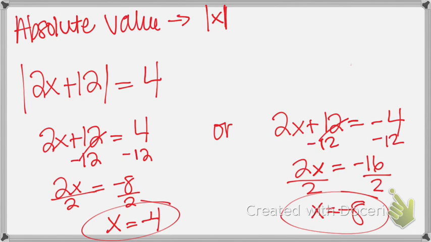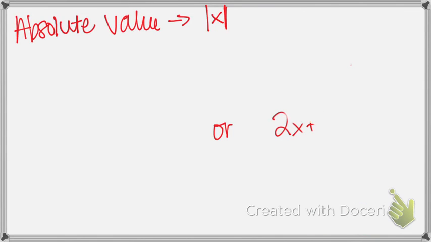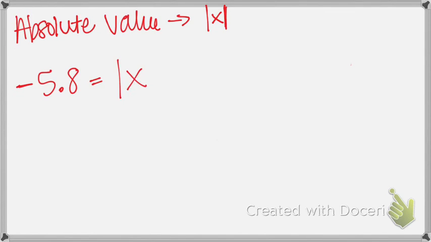Now, one thing to know and to remember is that in order to solve absolute values, the number that the equation is set equal to must be positive. So, notice the absolute value is by itself.